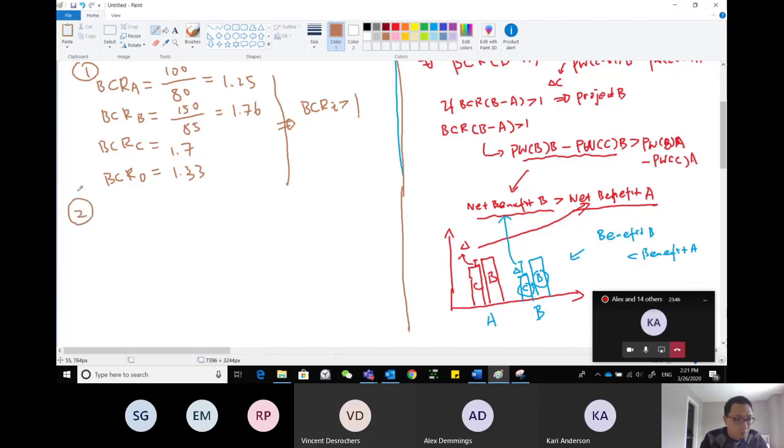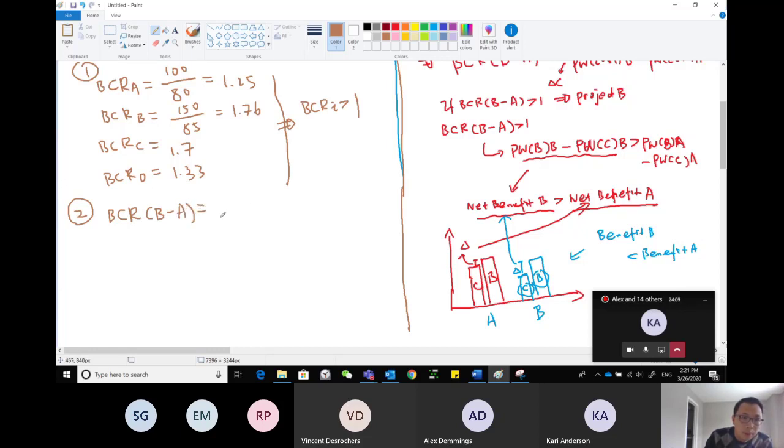So for the second round, you need to build a base case, right? So the base case, we can start with either of these two project alternative comparison. Let's say we start with BCR of B minus A, right?